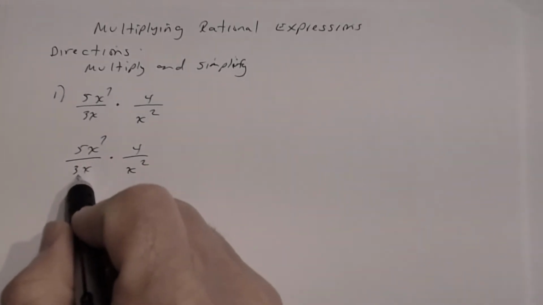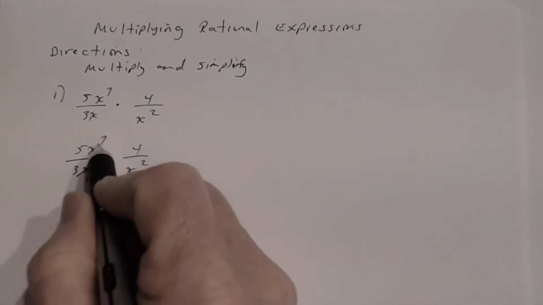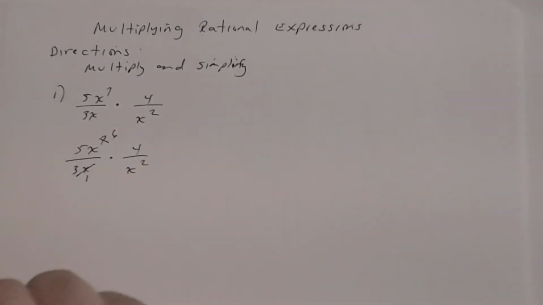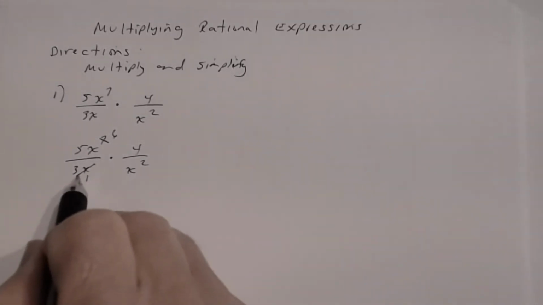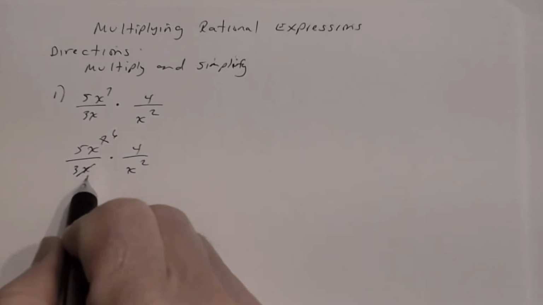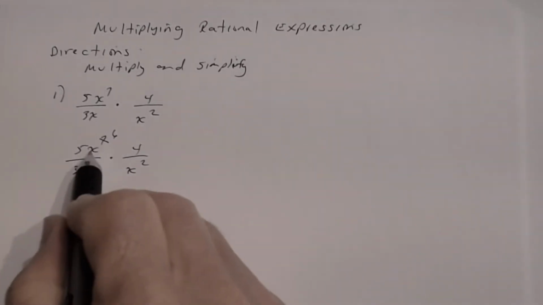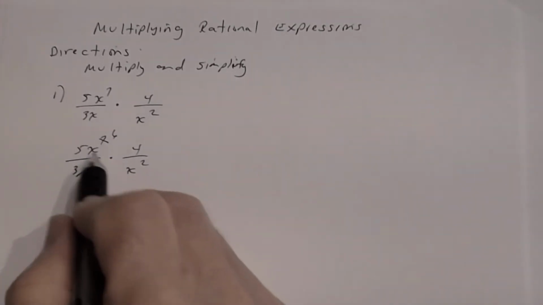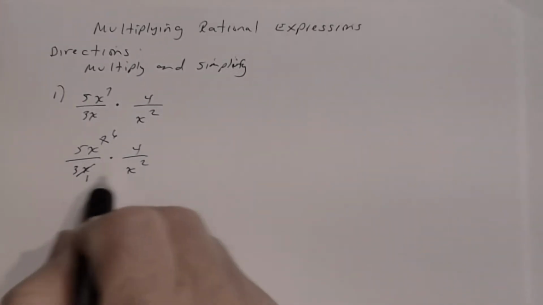Listen carefully, here's an approach you could take. This factor of x will divide into one of these, and you're left with 6 factors of x. Remember from previous lessons, whenever you strike something out, make sure you remember that it's a factor of 1. Now, will any of these 6 factors of x divide out with any of these down here?